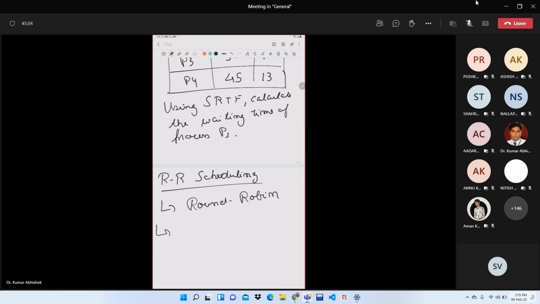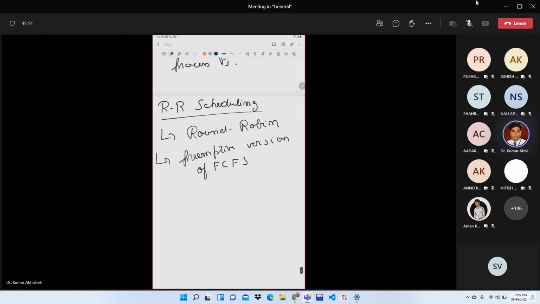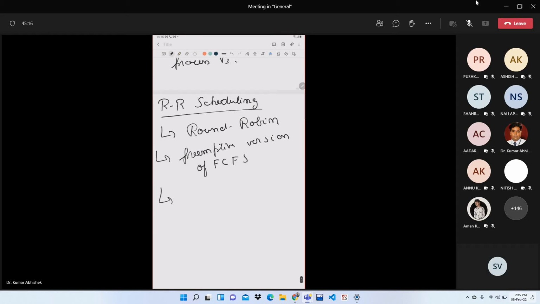Okay, this is the preemptive version of FCFS. This concept uses the concept of time sharing. So a time slice is defined for every process.